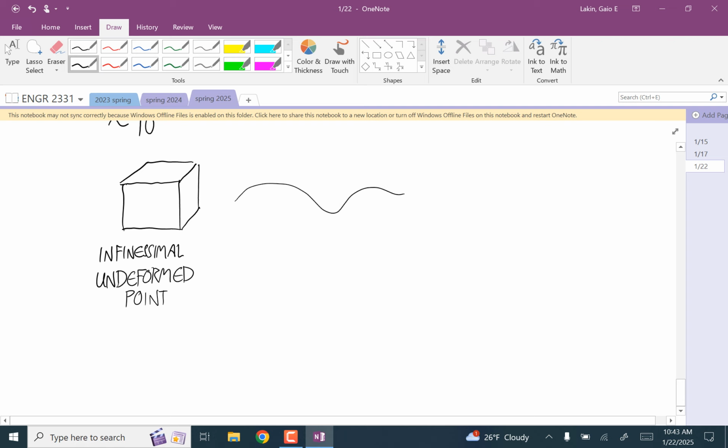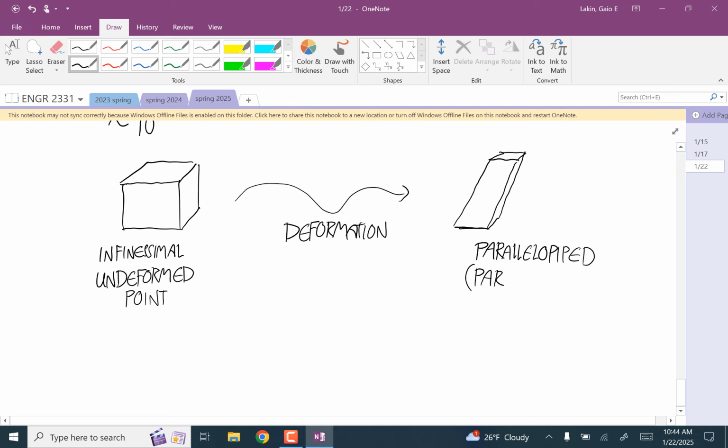And then it undergoes a deformation. And that deformed shape is going to be a parallelepiped, a shape that's made up of parallelograms. So it undergoes this deformation, and its deformed shape is a parallelepiped. That means the sides are parallelograms.